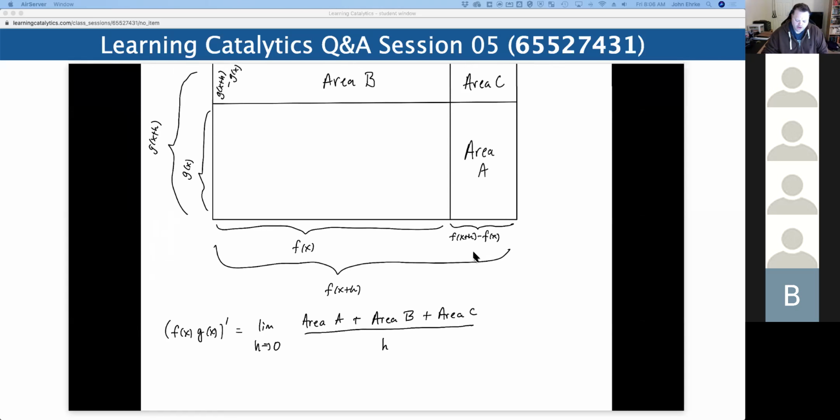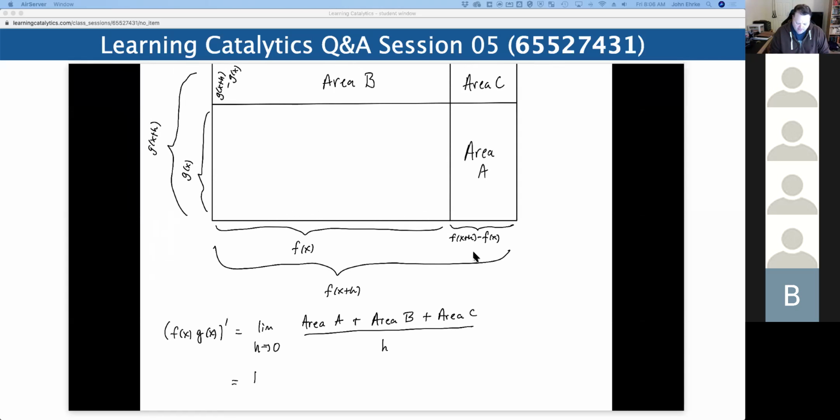So if you look here, the area of A is f of x plus h minus f of x times g of x. The area of B is f of x times g of x plus h minus g of x.